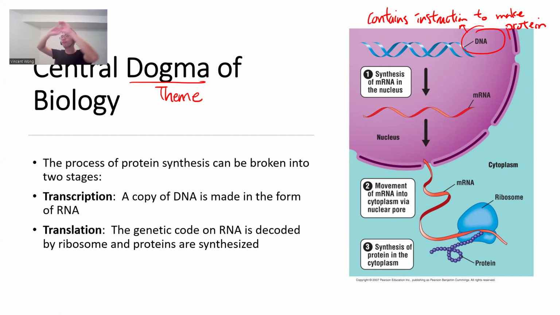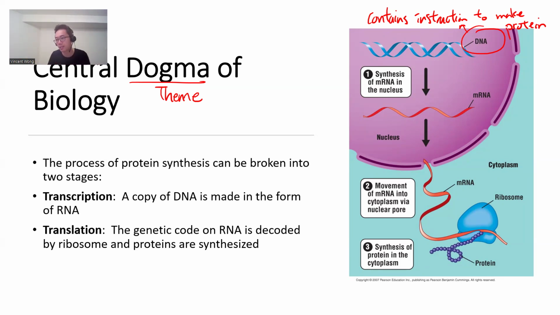Now, DNA is very long. You can think of DNA as an encyclopedia of cooking recipes, thousands and thousands of recipes in there. If you want to make one of the recipes, and let's say they don't let you take the encyclopedia out of the library, what are you gonna do?